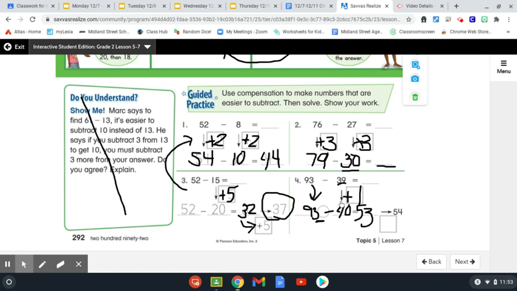But don't forget, I added 1. I also have to add 1 to my total. 53 plus 1 would equal 54. So they're showing you 2 different ways. You can pick which strategy works best for you.